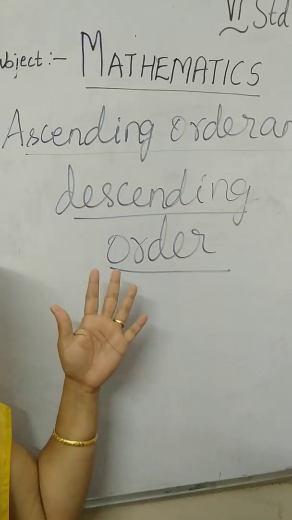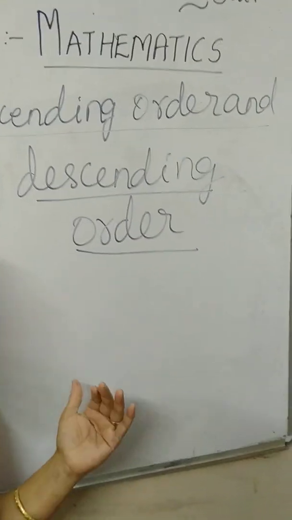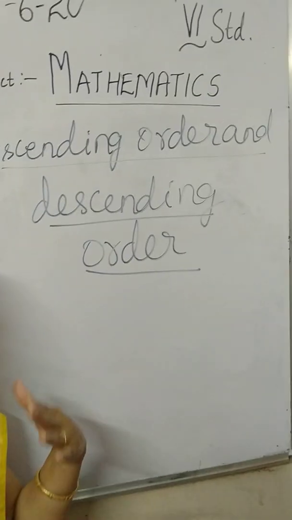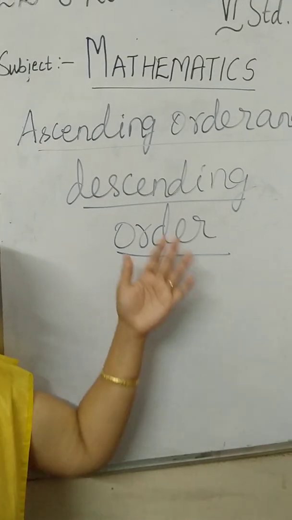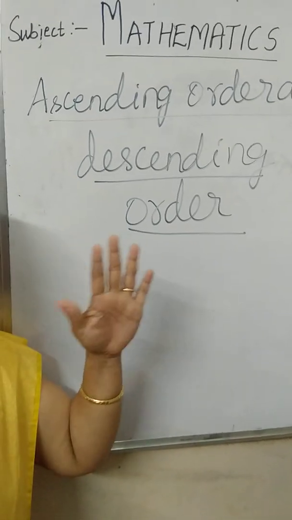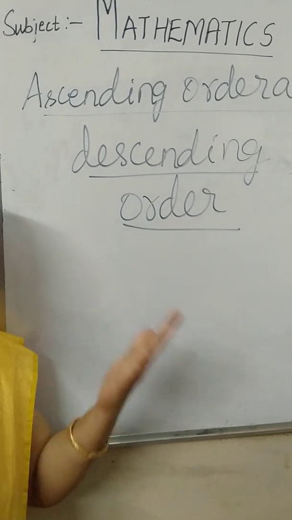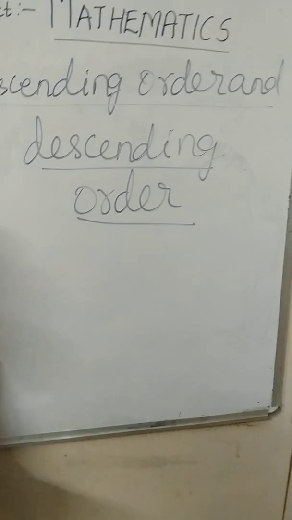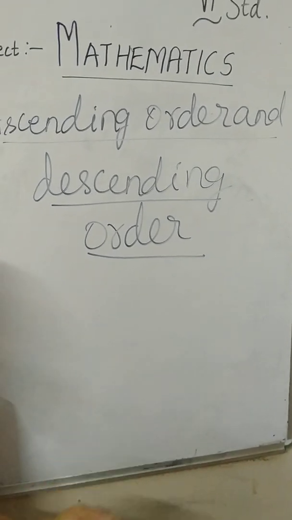Ascending order means writing the numbers from the smallest number to the greatest number. Same way, descending order means writing the numbers from greatest number to the smallest number. Let us go with some examples.